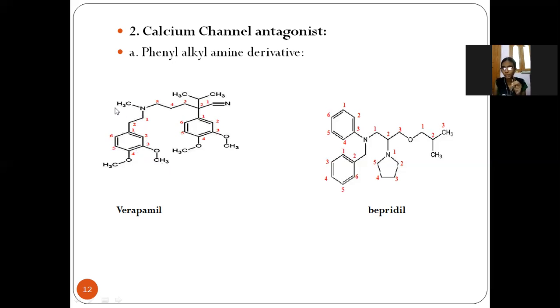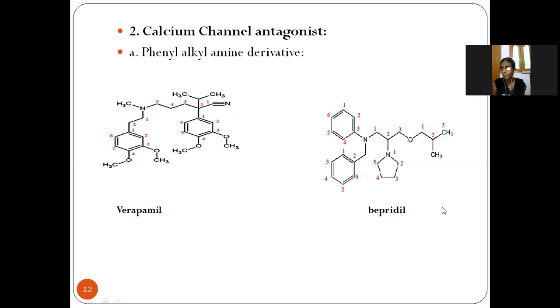So methyl amine, this is attached to the fifth position of the pentane structure. And here in the second position at 1 end, the propyl group is attached. 1, 2, 3. 3 carbon atoms means propyl, and here 3,4 dimethoxyphenyl is attached. In the first position, nitrogen group is attached with triple bond. So this is the structure of the verapamil.